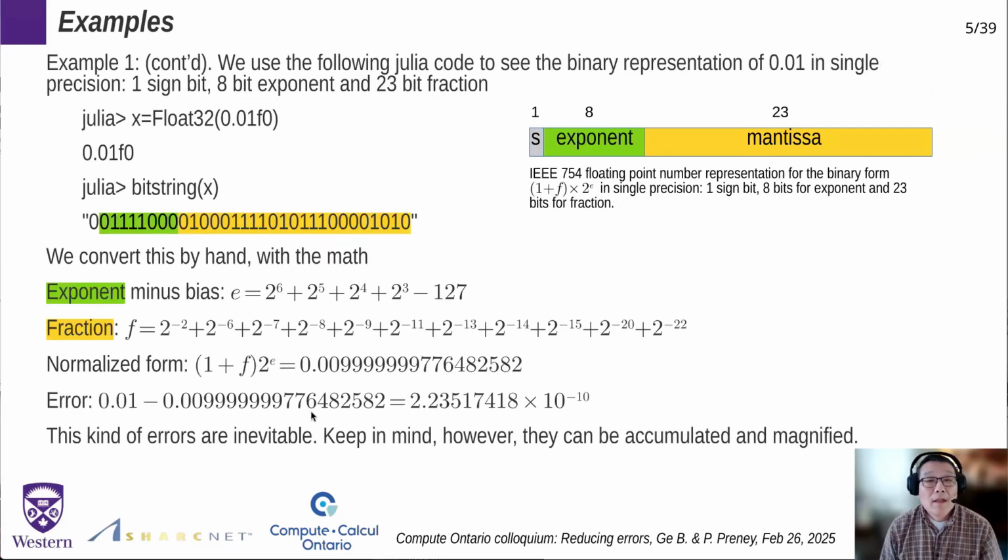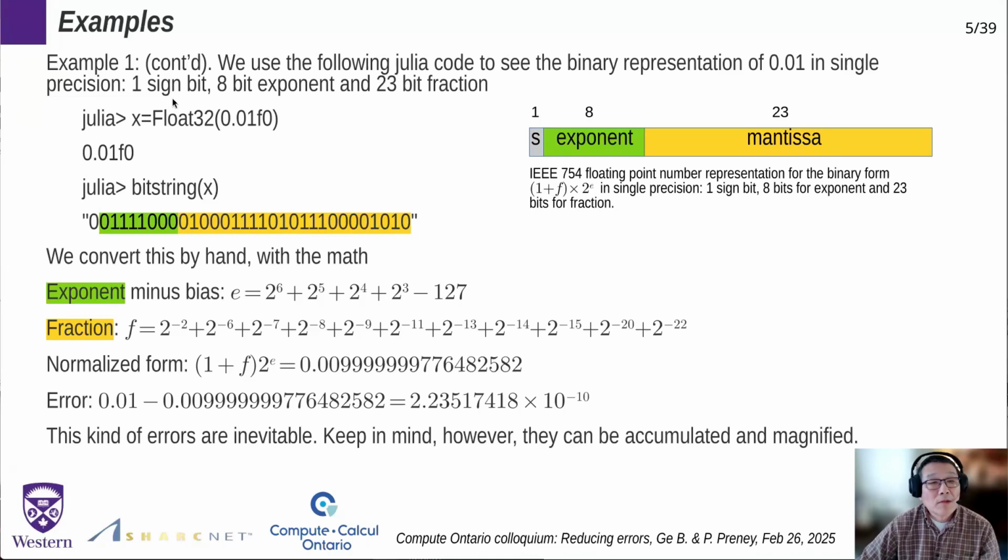So we're using a computational tool called Julia. Julia is an interactive computing environment and also a high-level language for scientific and parallel computing. Let's see how 0.01 is stored internally in single precision.